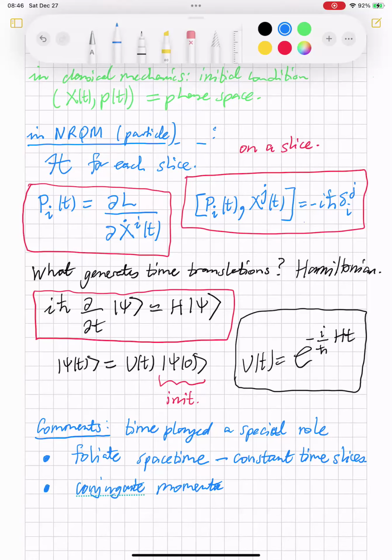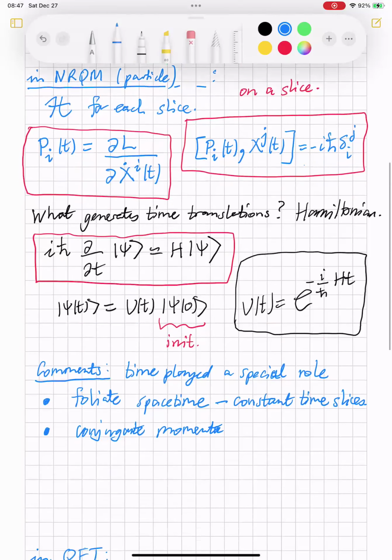So on each slice, we could define the conjugate variables, and time was playing a role when we did that. We took a derivative of the Lagrangian with respect to x dot. In the case of quantum field theory, we took a derivative of the Lagrangian density with respect to phi dot. So phi dot, x dot, the time derivative of the coordinate or the field, was playing a special role.